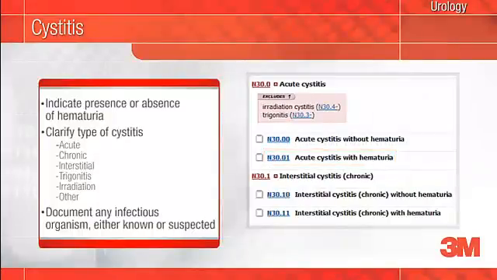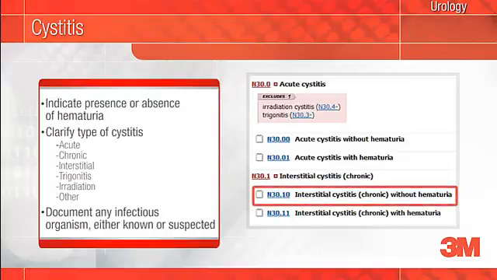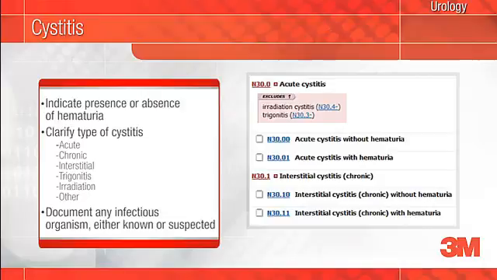You will also need to specify the type of cystitis, such as acute or interstitial, to name a few. Again, on the screen, for example, you see that N30.10 is assigned for chronic interstitial cystitis without hematuria. Lastly, indicate if there is any known or suspected organism causing the cystitis.